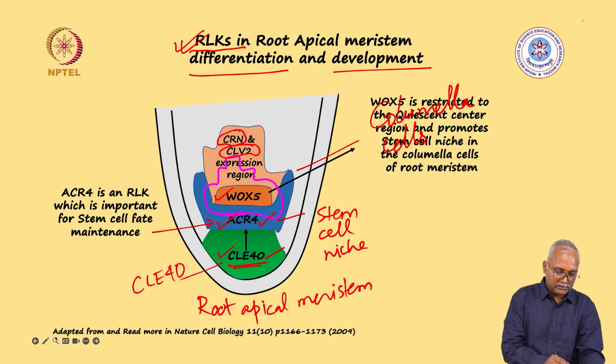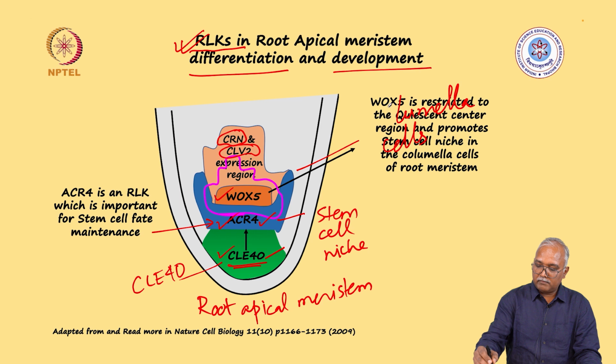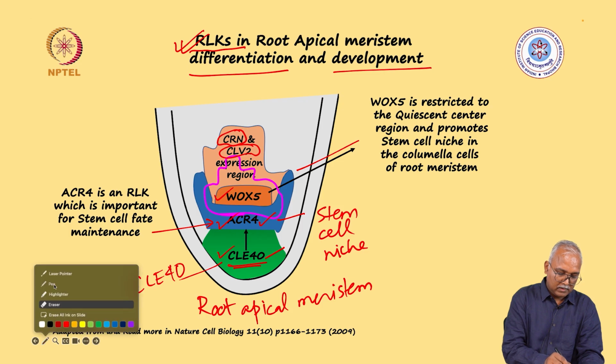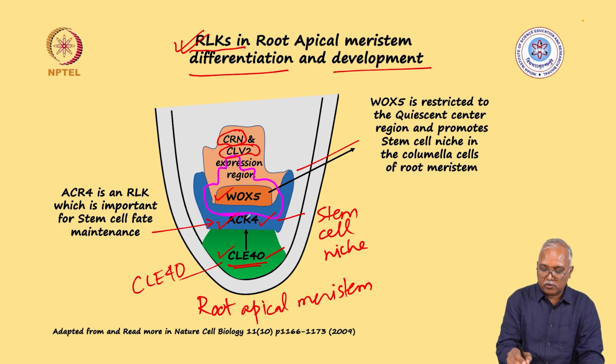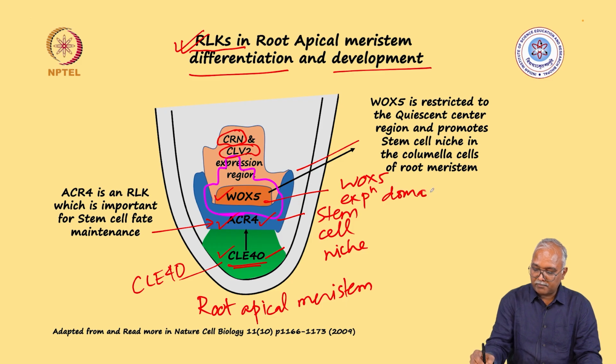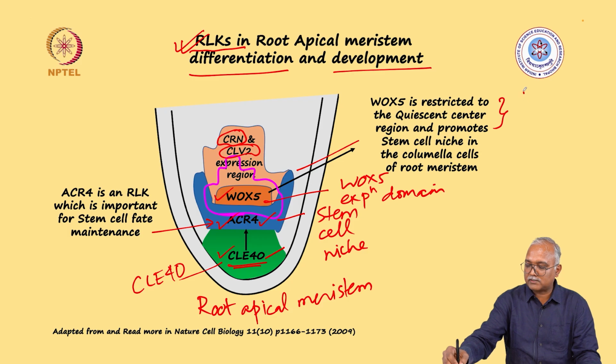So what you would notice here is that the cells which are there in the root apical meristem region, and if you talk about this particular domain which is the WOX5 expression domain, this expression ensures that this region remains as a quiescent center.